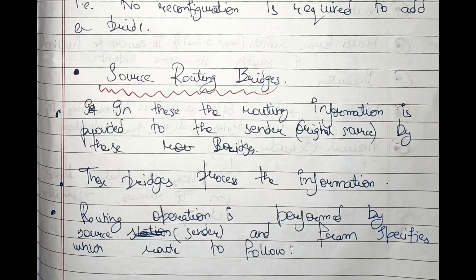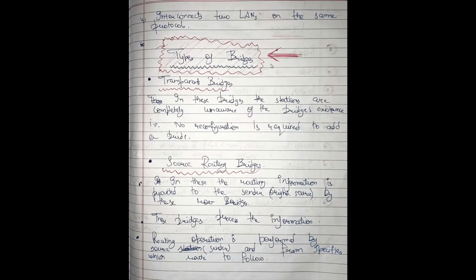After doing that, I am going to store it in a frame and send that to you. With the help of that, if you are a router, you will be able to know where to transmit this and which route to follow. Alright. So this was the types of bridges, transparent bridge and source routing bridge.